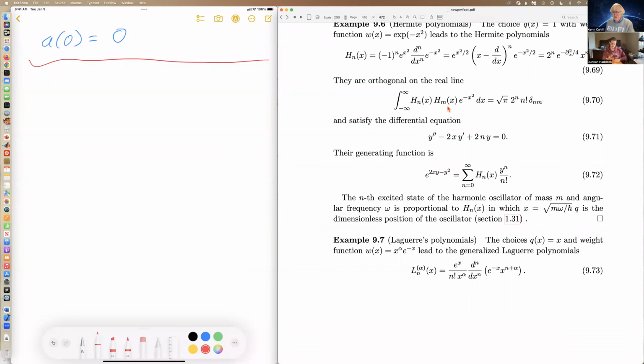So you have all these different forms. Anyway, they're orthogonal on the real line and satisfy this, I guess it's called Hermite's differential equation.